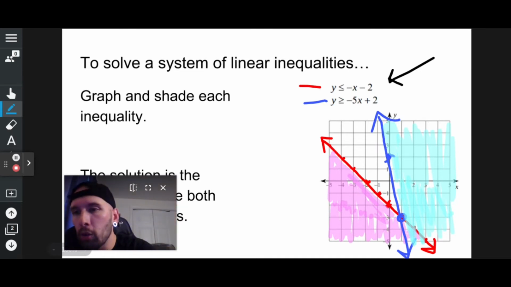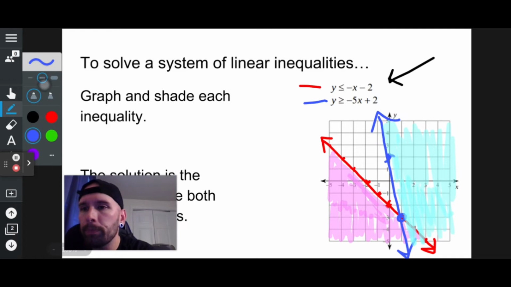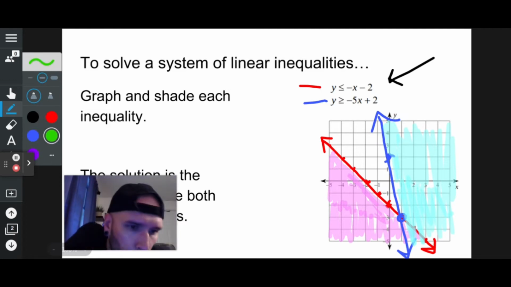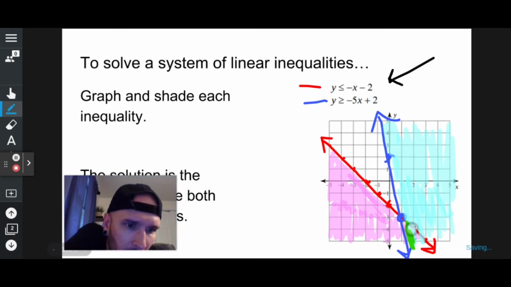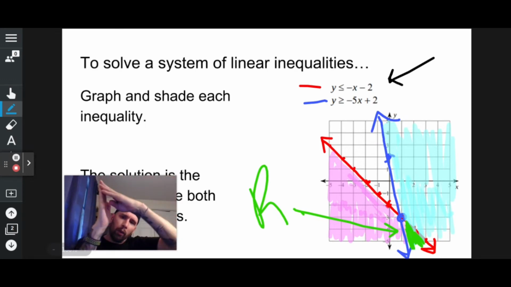So I'm going to get one more pen, dark green, and really emphasize that this is it right here. I'm going to put an arrow there with a big R saying, that's the region I care about. And if the coordinate plane were to continue forever, that little triangle would go on forever too.